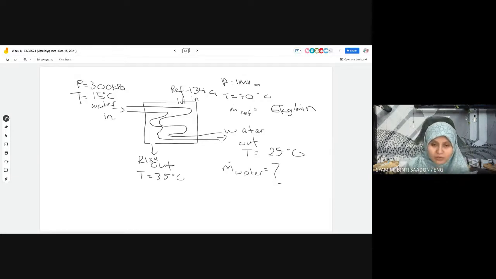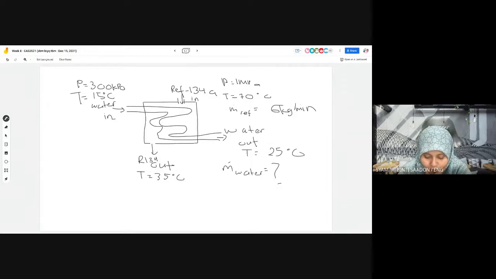So we are going to use the energy balance for the heat exchanger condenser. You can look up the slides, energy balance for heat exchanger.